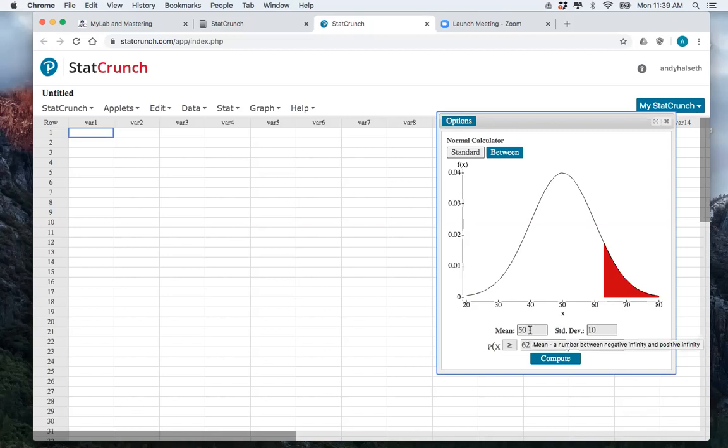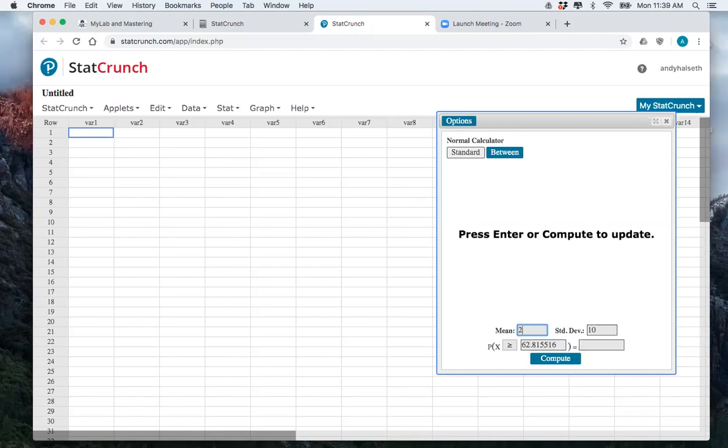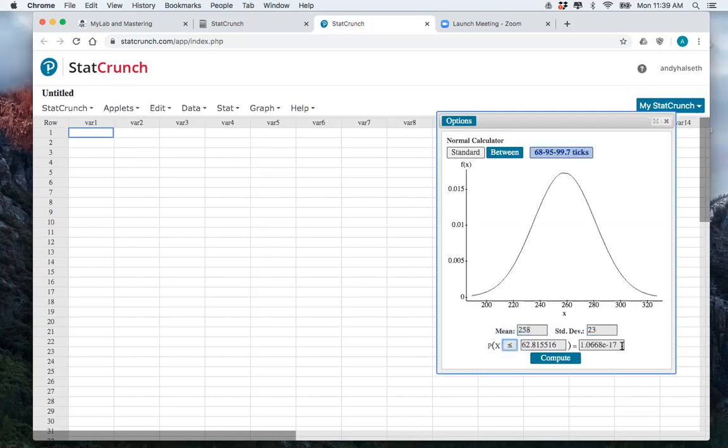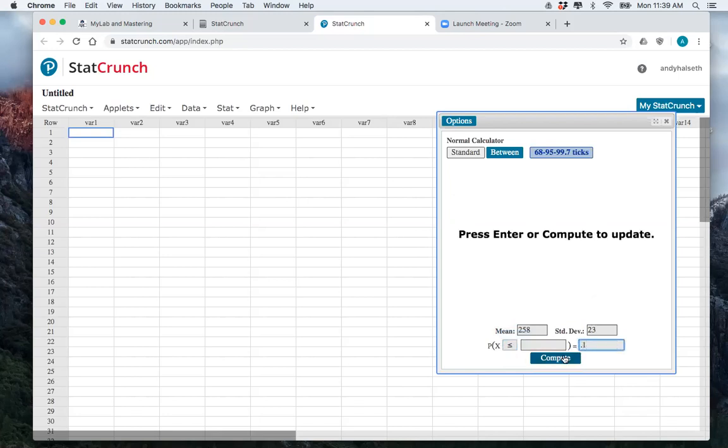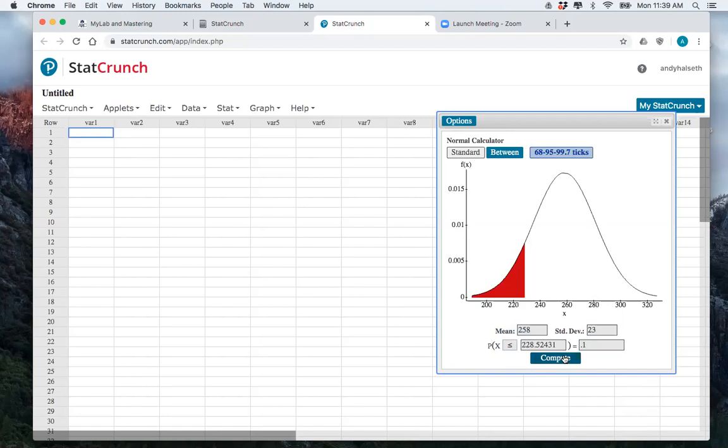Number 6, the mean was 258. Standard deviation 23. It was the bottom 10%. All right, we got 228.6. We had a little rounding error, so that's why it's a little off, but still pretty good.